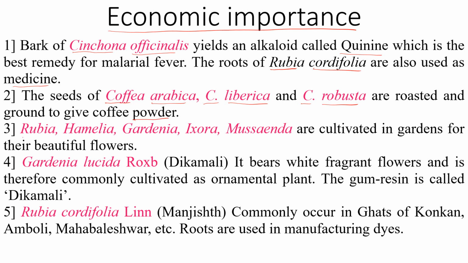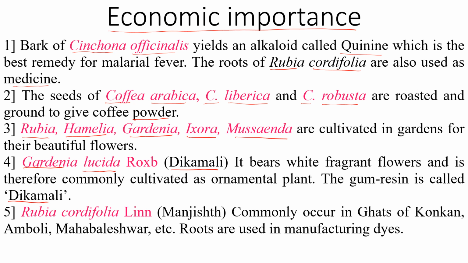Then plants like Rubia, Hamelia, Gardenia, Ixora, Mussaenda are cultivated in gardens for their beautiful flowers. Then Gardenia lucida, in Marathi called Tikamali, bears white fragrant flowers and is therefore commonly cultivated as an ornamental plant. The gum resin obtained from it, called Dikamali, has medicinal importance.